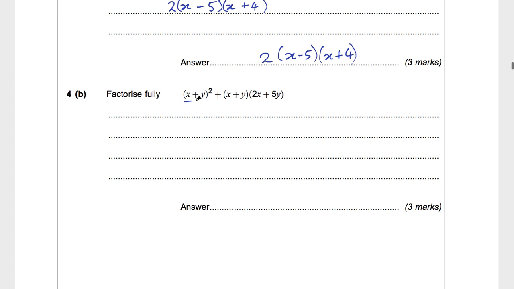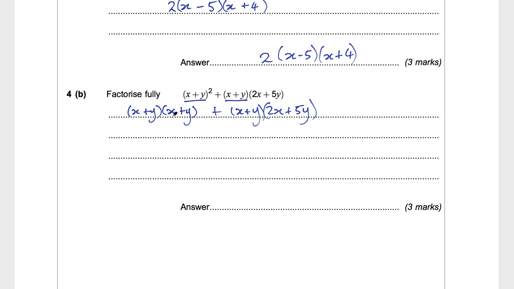but in fact x plus y is a factor of both of these parts of the expression, so both of these terms. So if I take the x plus y out of the front, or write it out in full perhaps first of all, this is x plus y plus x plus y, 2x plus 5y.